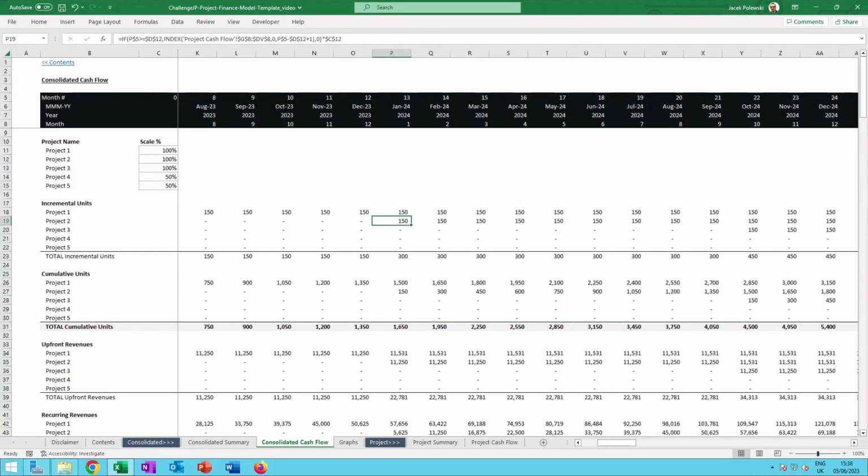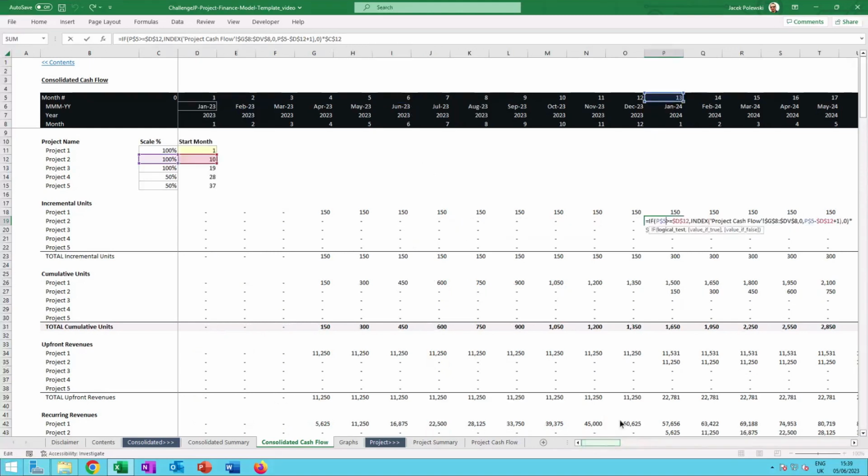In order to introduce this delay between different projects, I've used the INDEX formula. If we double click on here, you see that first of all, the formula looks up the month number, the timeline for the consolidated cash flow itself.